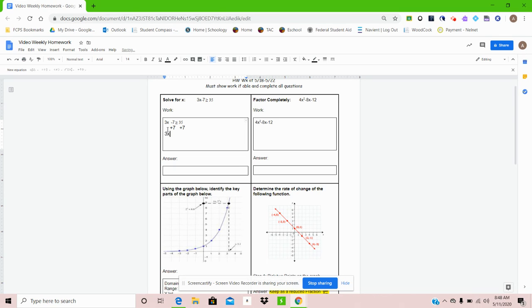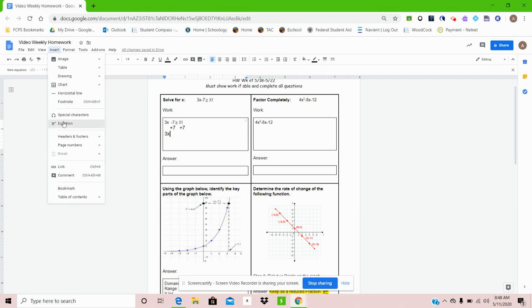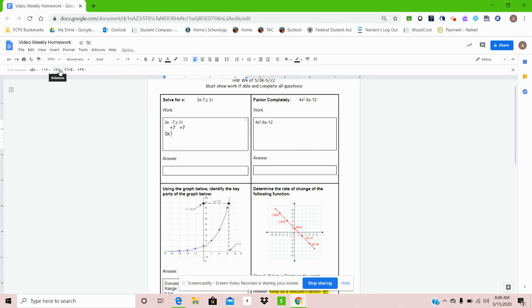When I do that, I get 3x is going to be greater than 42, because 35 plus 7 is 42. From here, I want to divide both sides by the 3. 3 divided by 3 is 1.